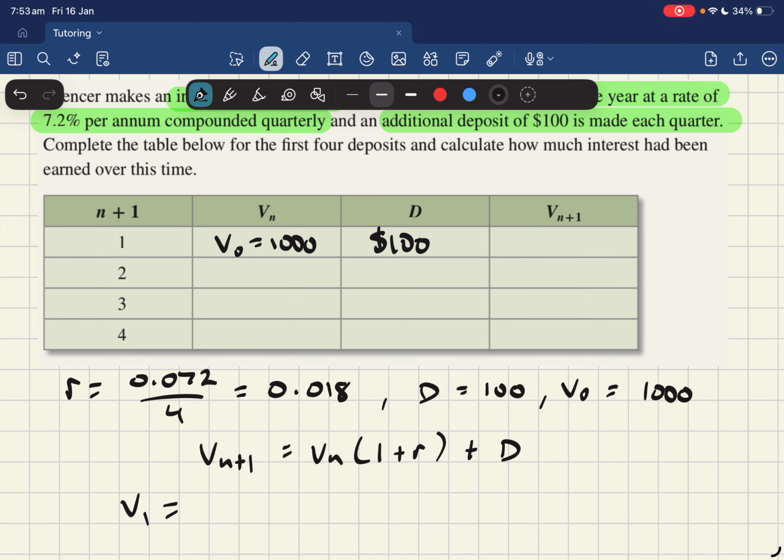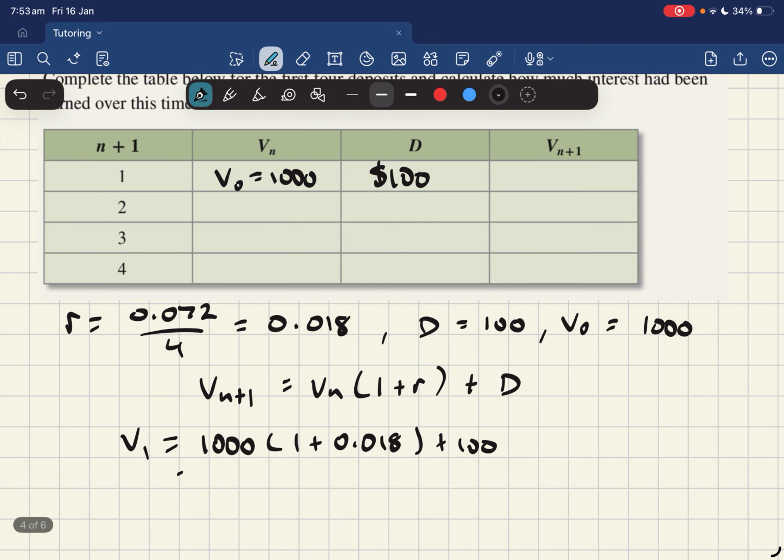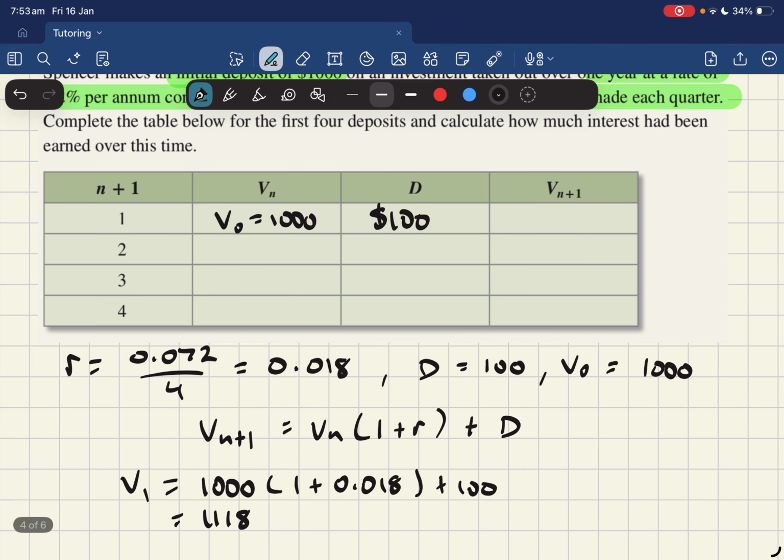So we have our V1 is 1,000, which is our V0, times 1 plus 0.018, plus 100. And that equals 1,118. So this I'm going to write in here.